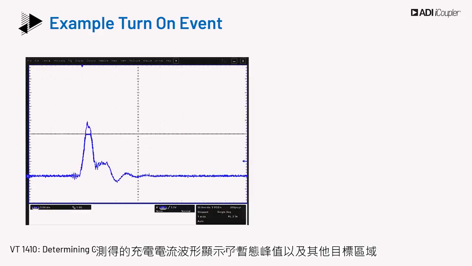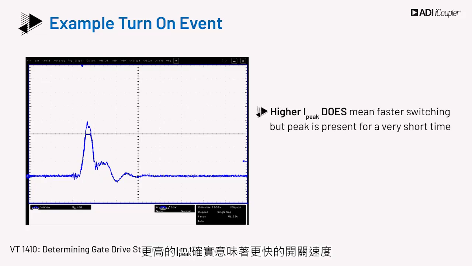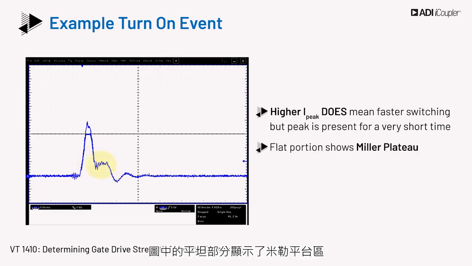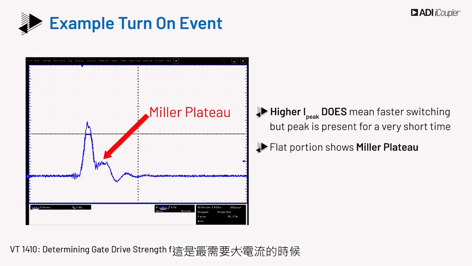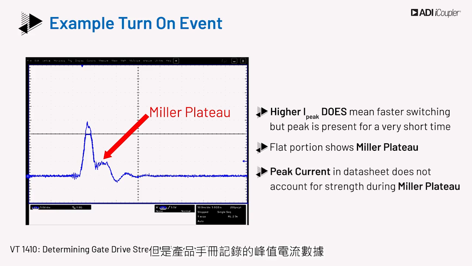The measured charging current waveform shows the instantaneous peak along with the other regions of interest. Higher I_peak does mean faster switching, but peak is present for a very short time. The flat portion of the graph shows the Miller plateau, which is the time when high current is most needed, but the peak current number in datasheets doesn't account for it during this time.